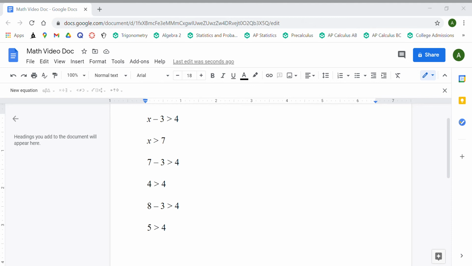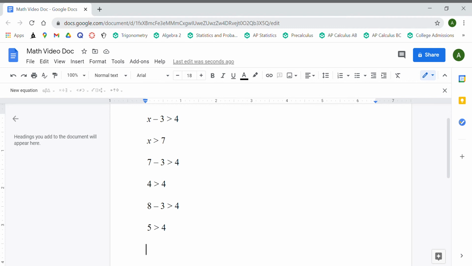Since we have a greater than sign, it cannot be equal to 7, so we have to draw an open circle, and notice that it's pointing to the right. So we are going to shade this graph to the right. That's how you do it.